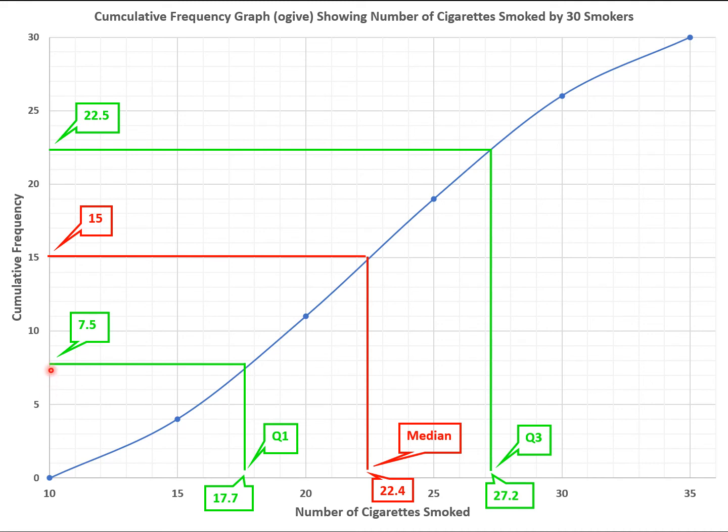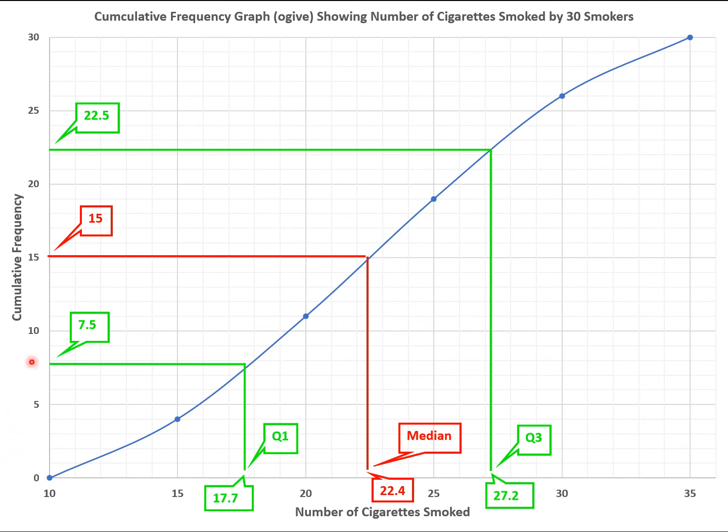So we'll go to the frequency at 7.5. It's a little bit off there as well. We'll go along and drop down onto the x-axis, and we can see here that it's 17.7. It's actually 17.75 on the 1. Now that's quartile 1.